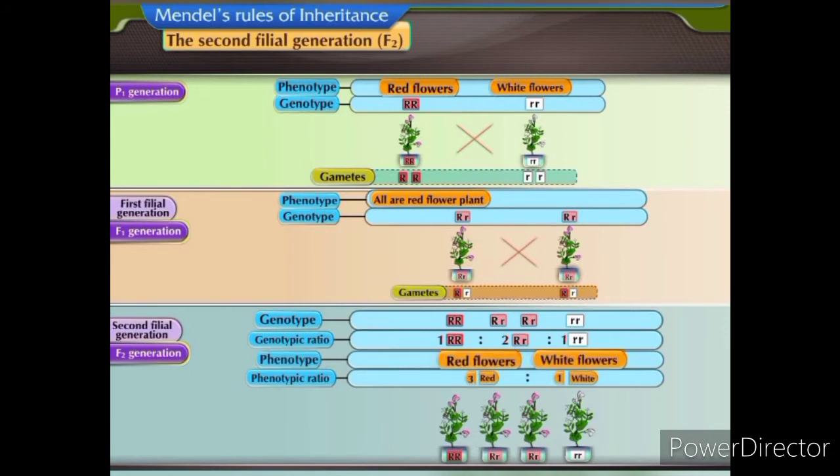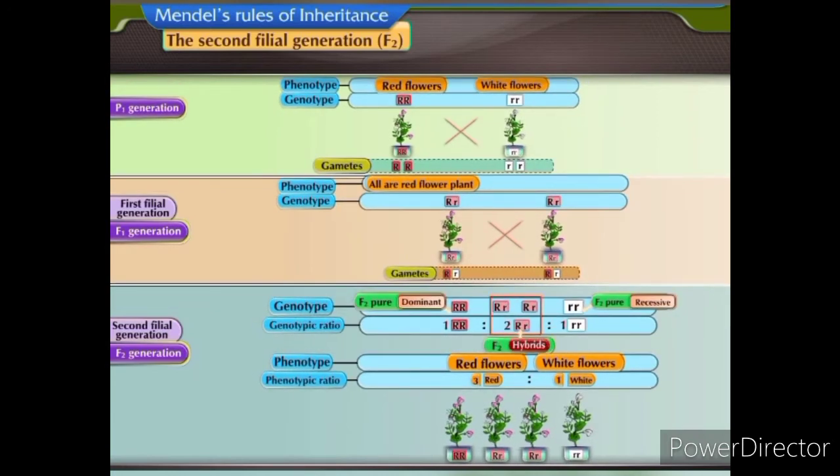phenotypically, there are two types of progeny, namely red-flowered plants and white-flowered plants, while genotypically, there are three types of progeny, namely F2 pure dominants with constitution capital R, capital R producing red flowers, F2 pure recessives with constitution small r, small r producing white flowers, and F2 hybrids with constitution capital R, small r producing red flowers due to the dominant gene capital R. The F2 pure dominants and pure recessives are both homozygous, showing the presence of two same types of alleles in the zygote after fertilization.